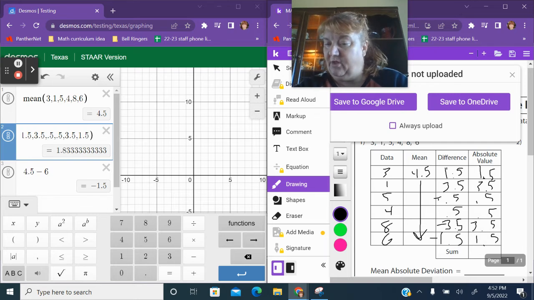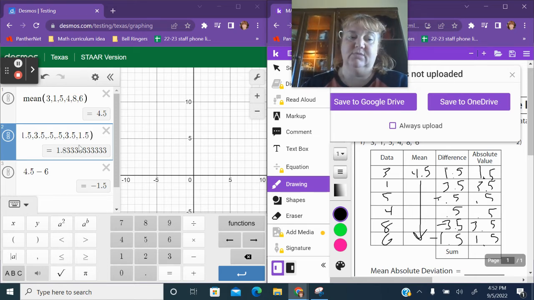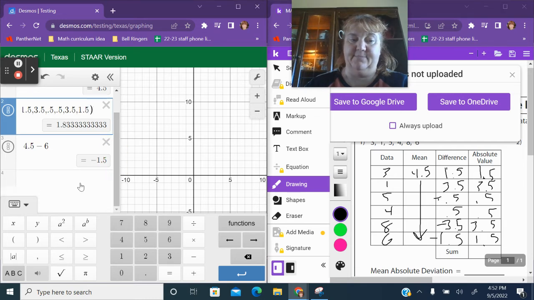Then you add them all up together and divide by 1, 2, 3, 4, 5, 6. You would divide by 6. So let's just do that so I can show we got the same number.